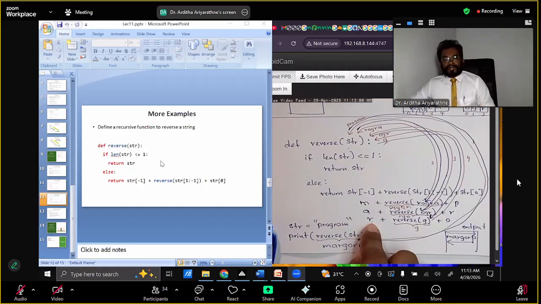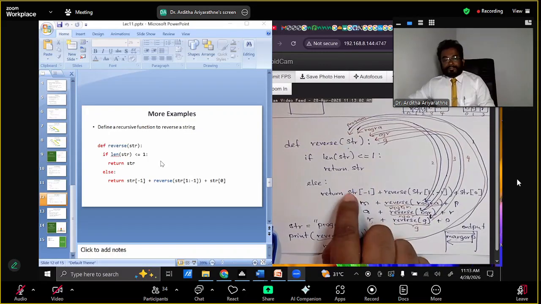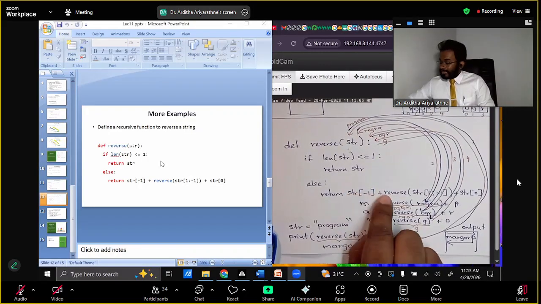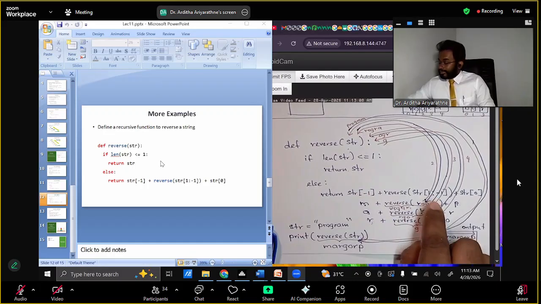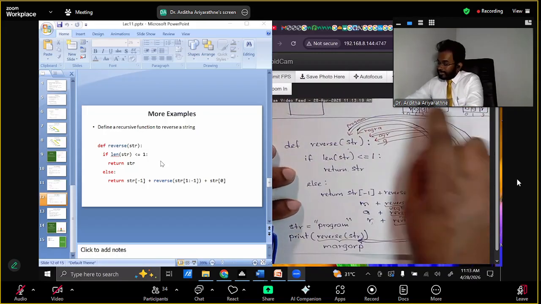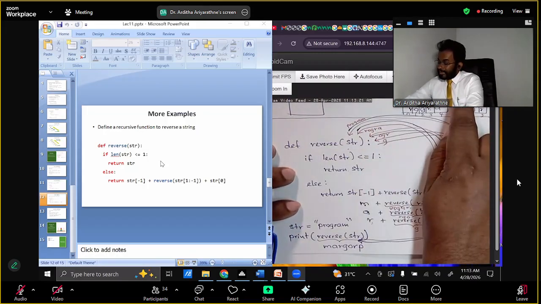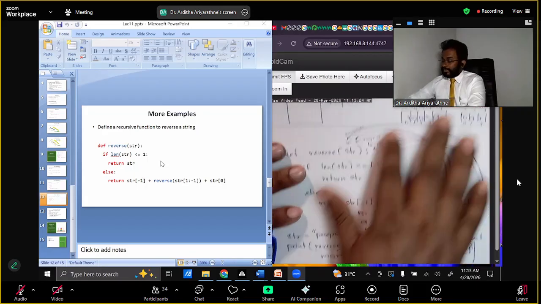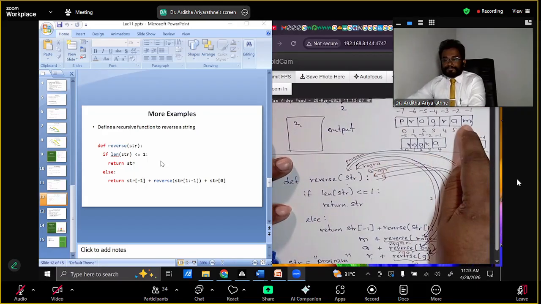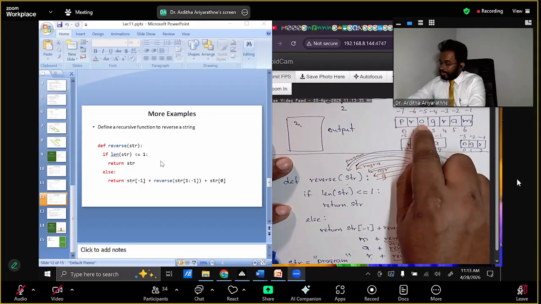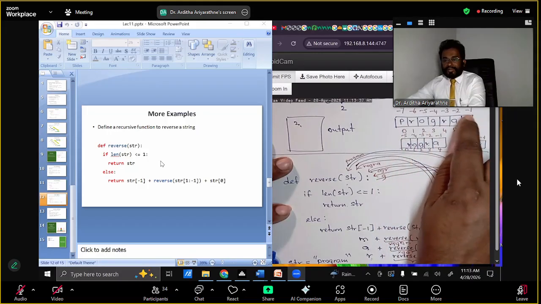You are saying return str minus 1, the same thing, str minus 1 plus, you have changed this, 0 minus 1. 0 minus 1 means you have to start from 0, right? Let's see. Okay, now let's take the initial word, str minus 1. We are taking m, right here. We are taking m. Then just after that, start from 0 up to minus 1 means we are taking progra. We are taking only the m part.